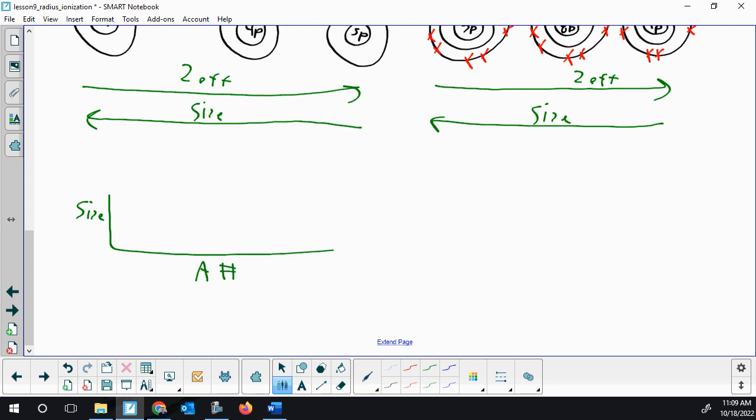So if you think of going across a period, atomic number versus size for our ions, we're going to see the cations decrease in size. Then we're going to jump to our anions, which are way bigger, and then they're going to decrease in size. I just want to highlight that 1 energy level versus 2 energy level difference between the cations and the anions.